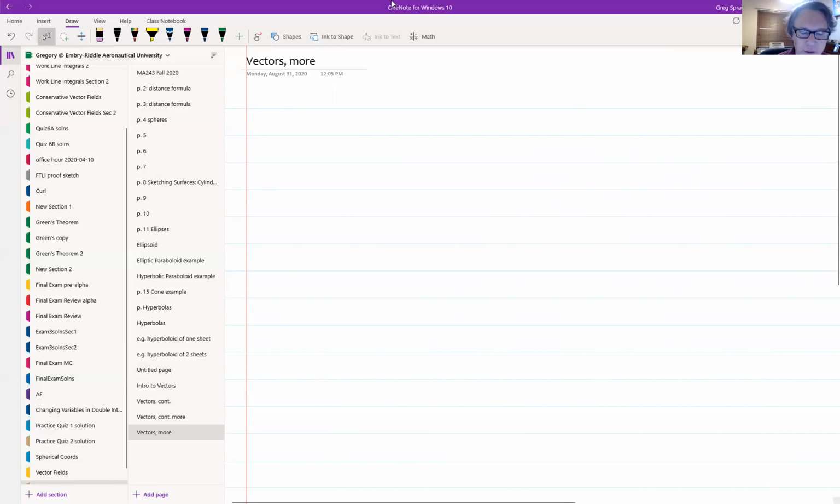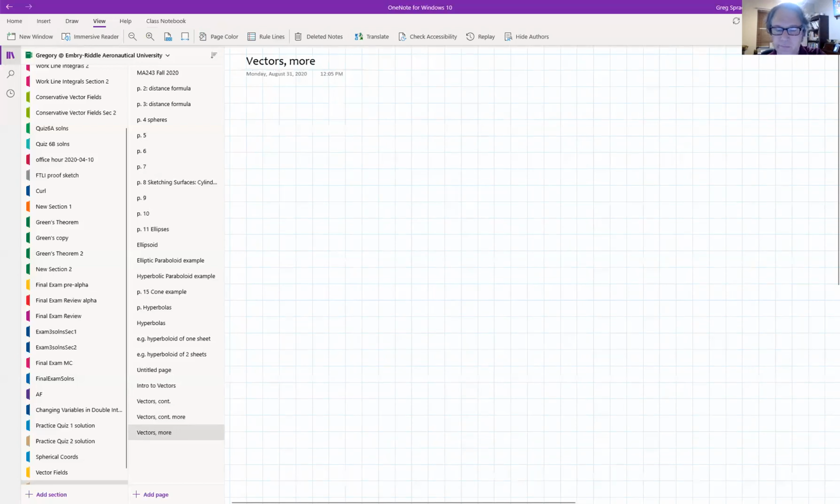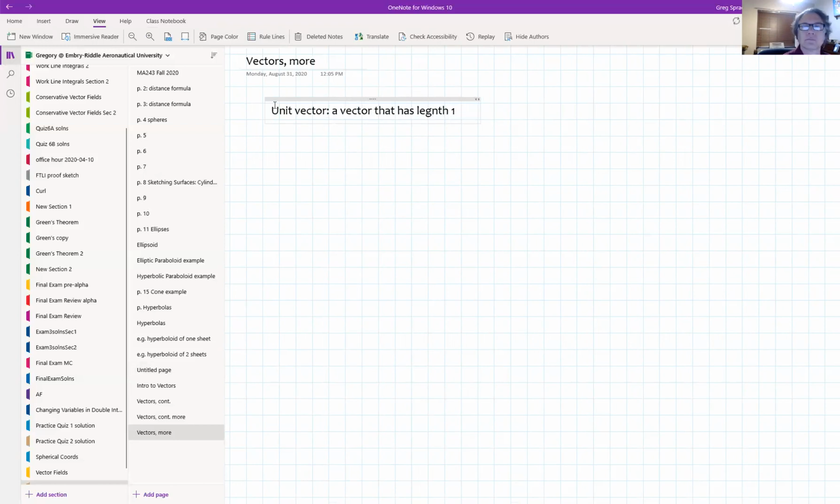One thing that we will need to work with is unit vectors. A unit vector is a vector that has length 1.